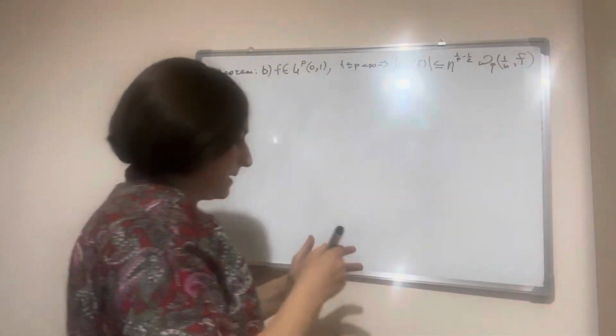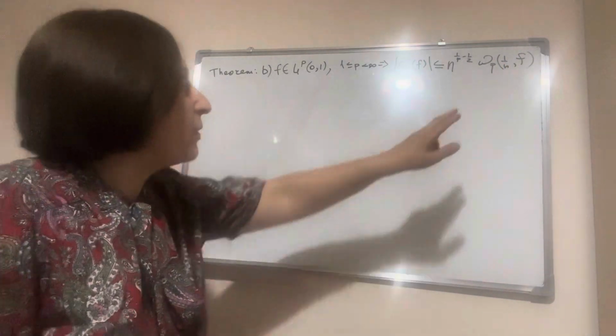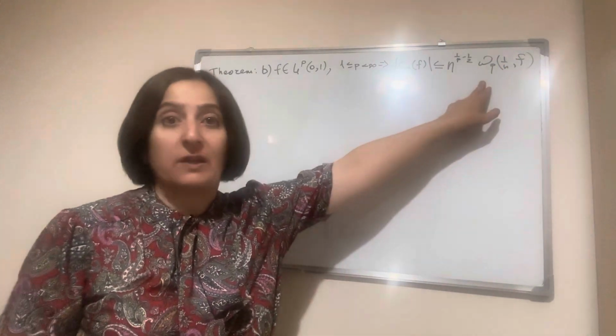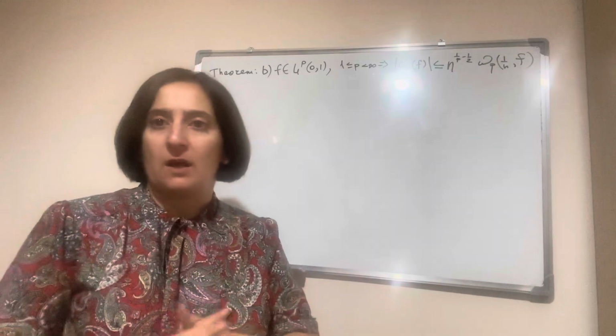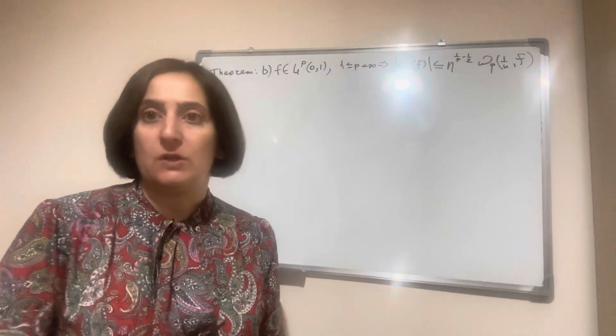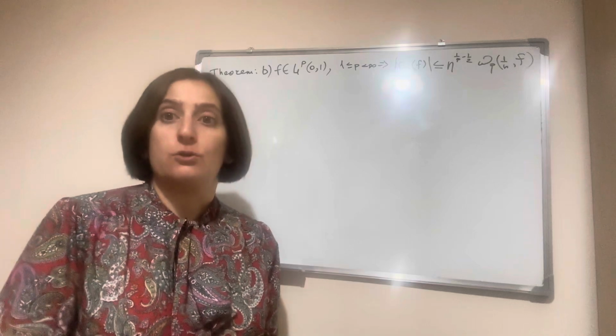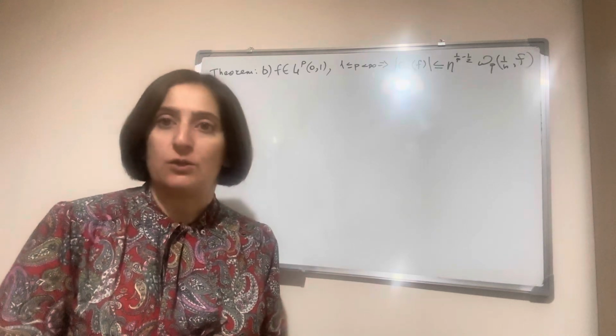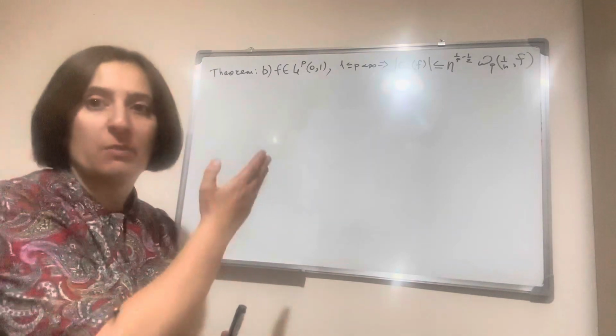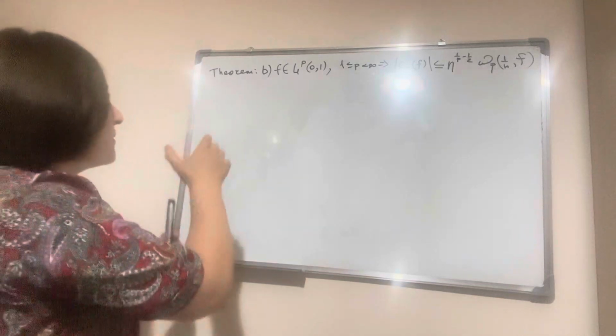where this omega p (1 over n, f) is the p modulus of continuity, and it is determined by the formula I'm going to write here.